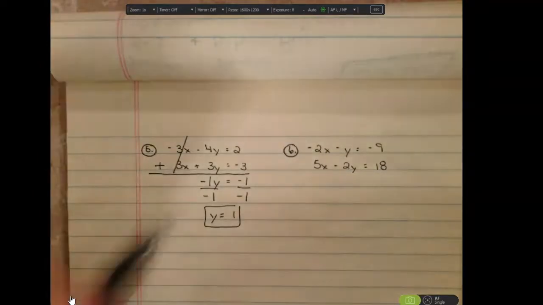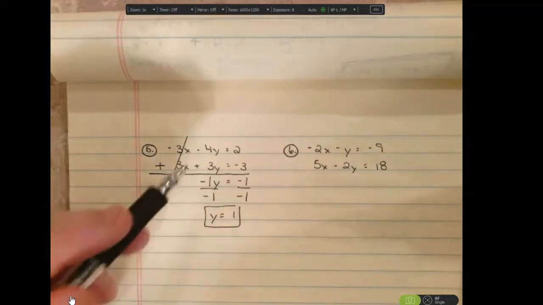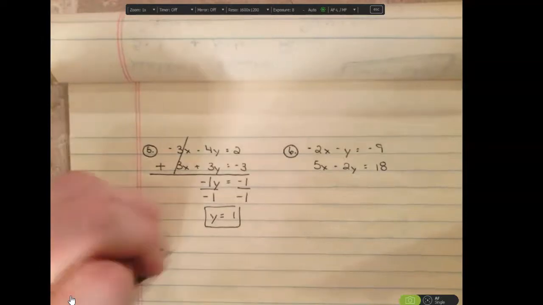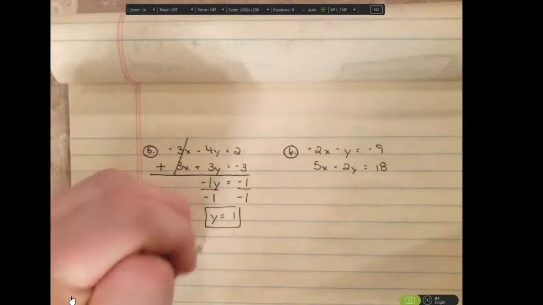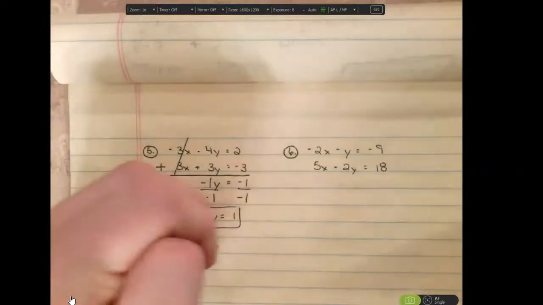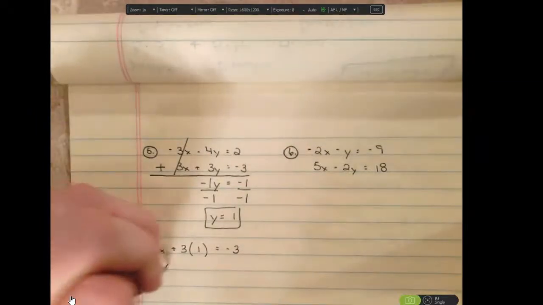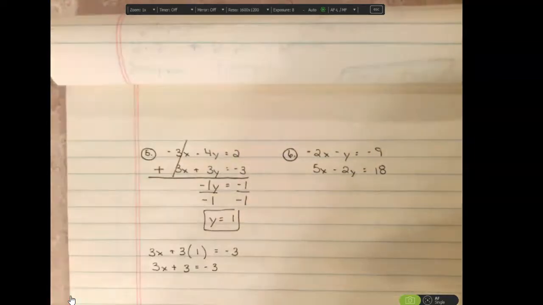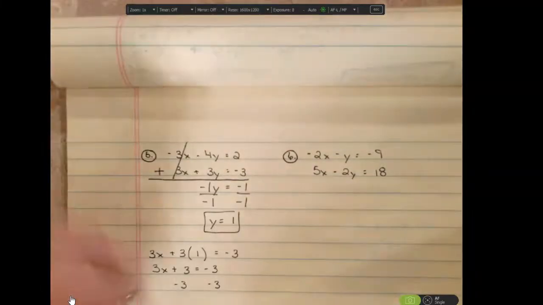Now let's find x. So I'm going to plug y into one of these equations. I'm going to choose the second one this time. Again, it doesn't matter which one. So 3x plus 3, plugging in 1 for y, equals negative 3. Now subtract 3, so minus 3, minus 3.